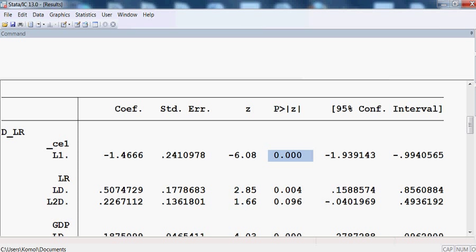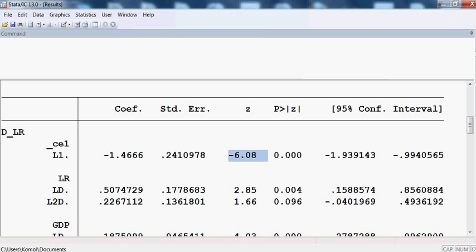Here the Z value is minus 6.08. How? Coefficient minus 1.466 divided by 0.24, I can get minus 6.08.